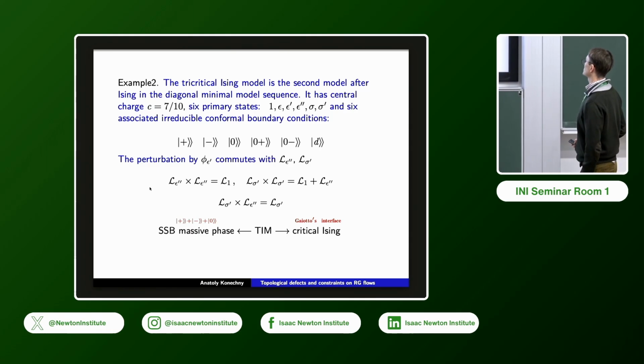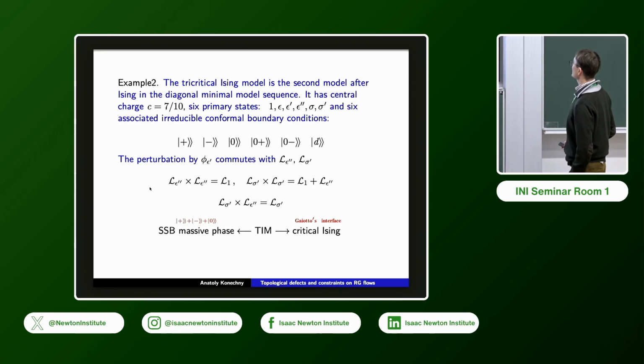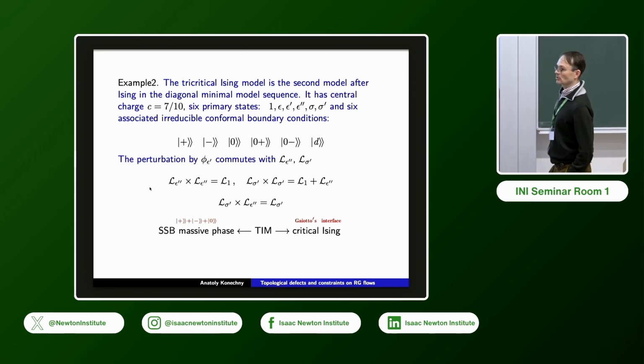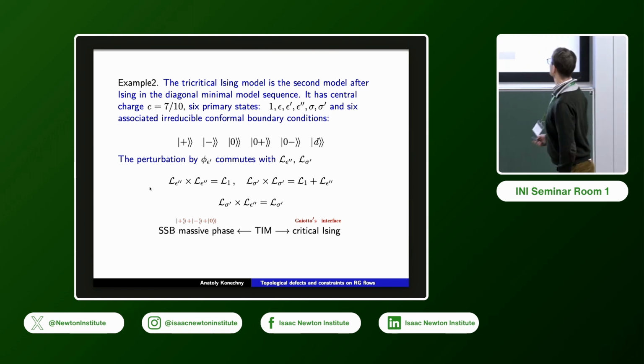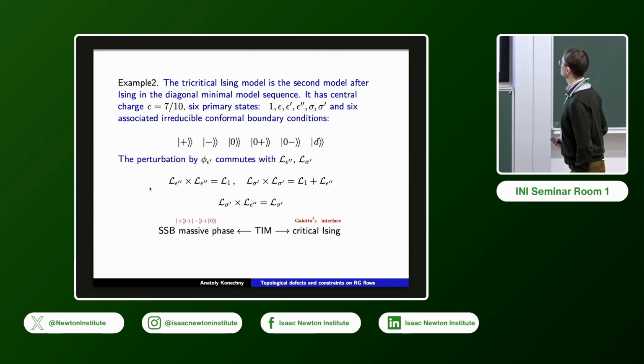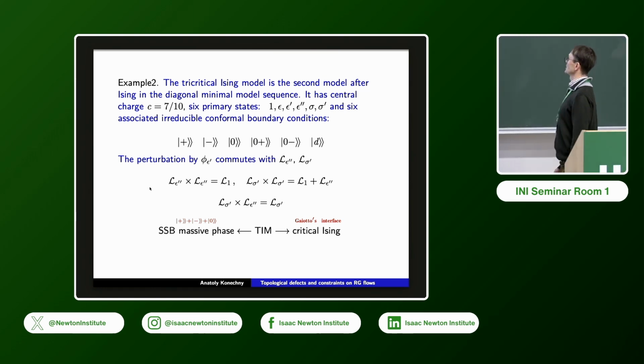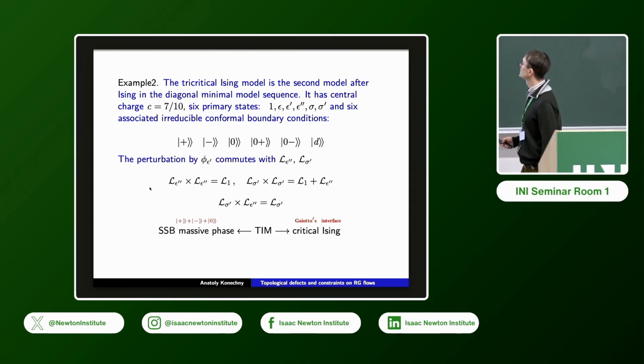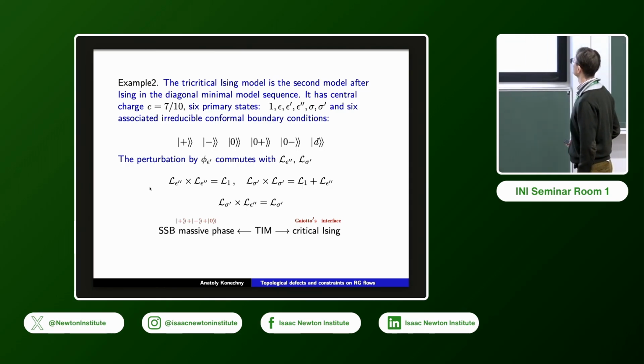But in the other direction, you flow to the critical Ising model, and you can no longer use this boundary language. Instead, it's a conformal interface, which was constructed by Gaiotto some time ago. So I call it Gaiotto's interface here.